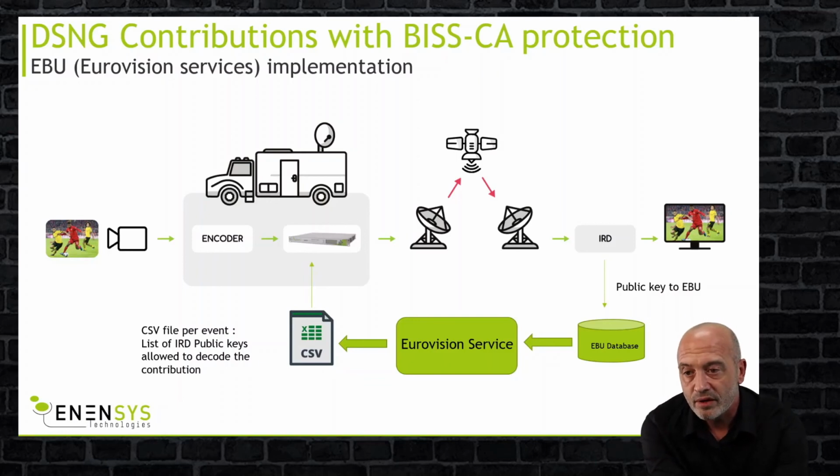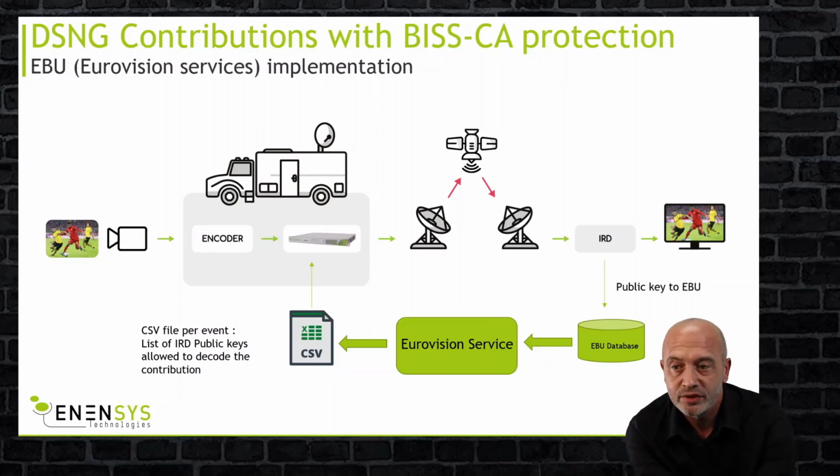So there is a kind of database at the Eurovision EBU organization to store all these public keys, and per event they are extracting only the public keys of the receivers allowed to receive the event. This list of public keys of receivers allowed to receive the content is provided to the uplinker as a CSV file, which is downloaded inside the system.